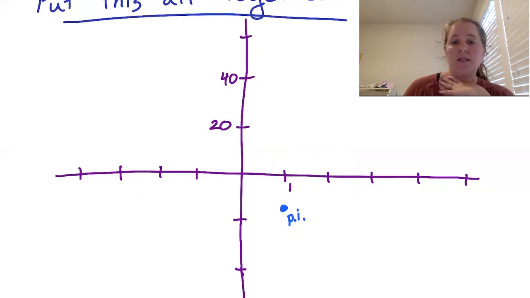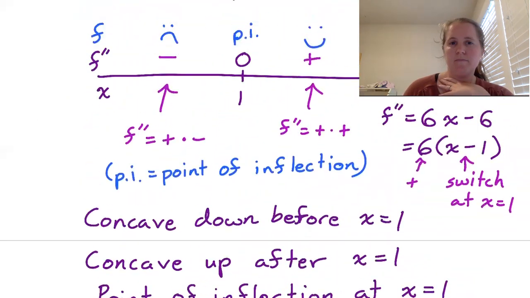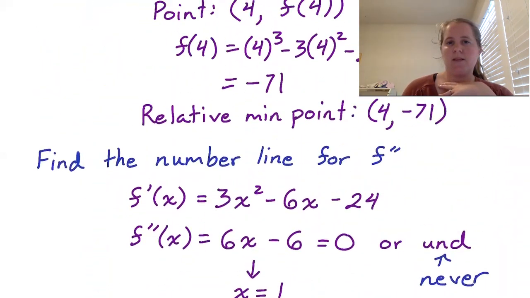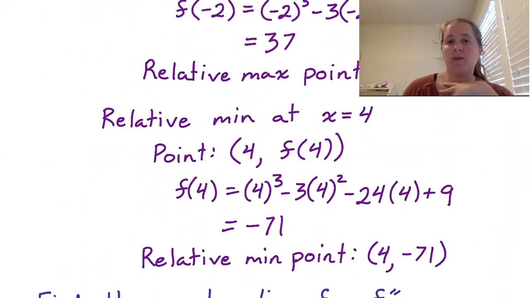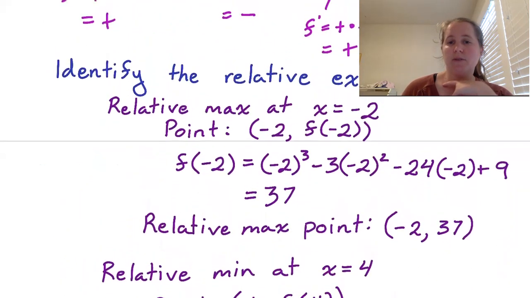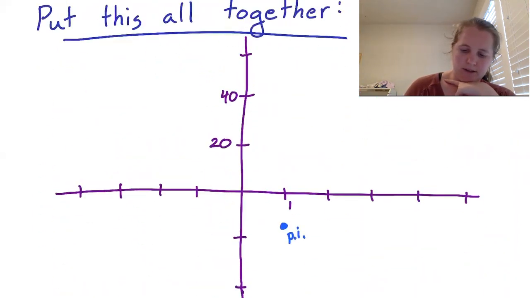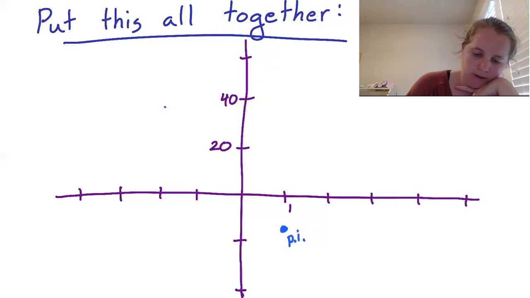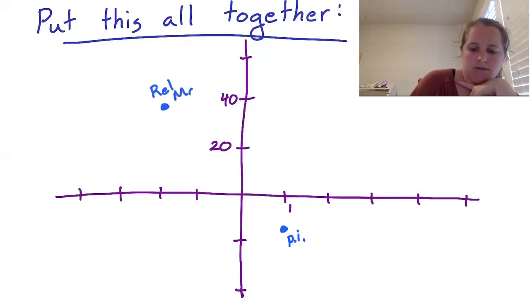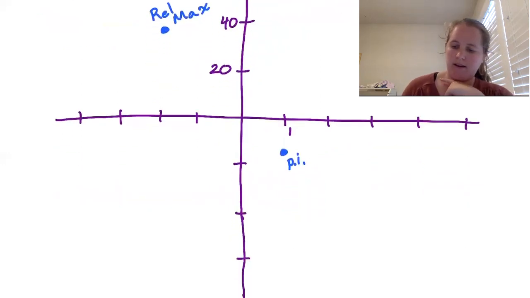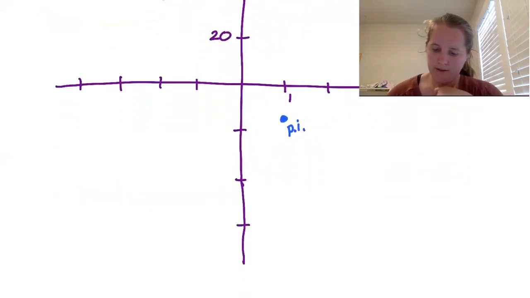Our relative min was at 4, negative 71, and our max was at negative 2, 37. So at negative 2, 37 is our relative max. And then at 4, negative 71 is our relative min.